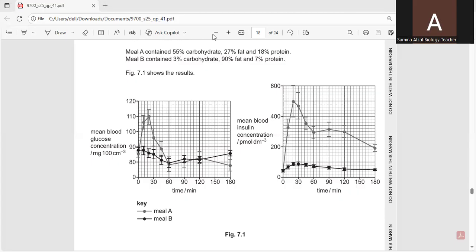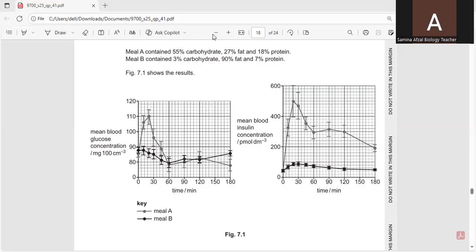But after eating this meal, it spiked and reached a maximum of about 110, and then it comes back to the normal condition, even less than normal. So I would like to explain this. After consuming meal A, the food is digested and the glucose is absorbed into the bloodstream, which raises the mean blood glucose concentration.